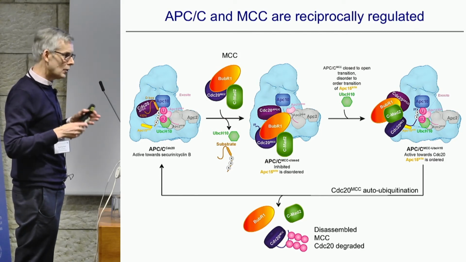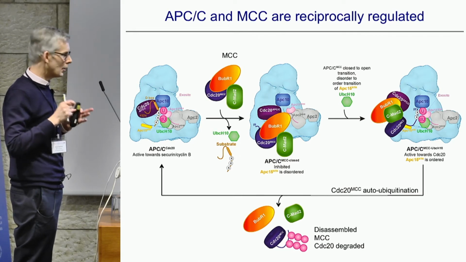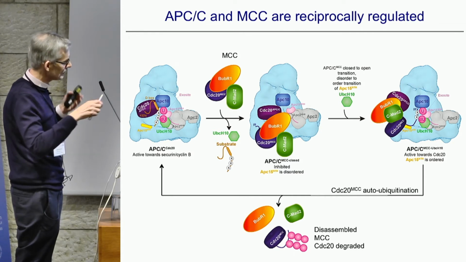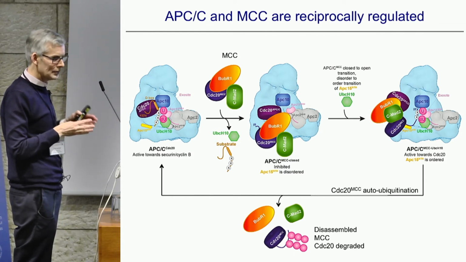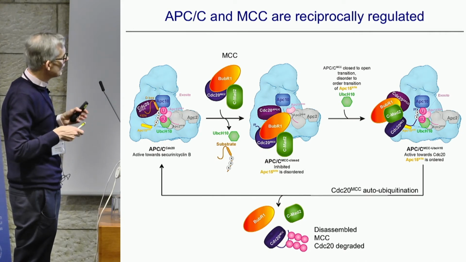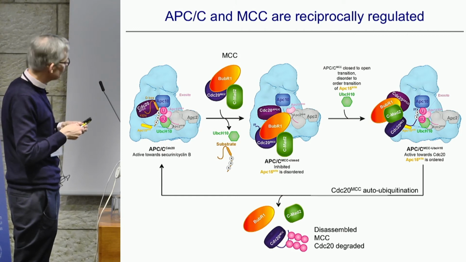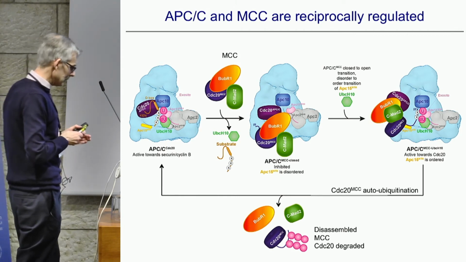So that explains why a single unattached kinetochore out of 46 can dominate the checkpoint and delay anaphase onset, because a single kinetochore will still generate the MCC, whereas the 45 attached kinetochores are not producing a signal, and then the final attachment of the last kinetochore will cease MCC generation and allow the spontaneous activation of the APC.